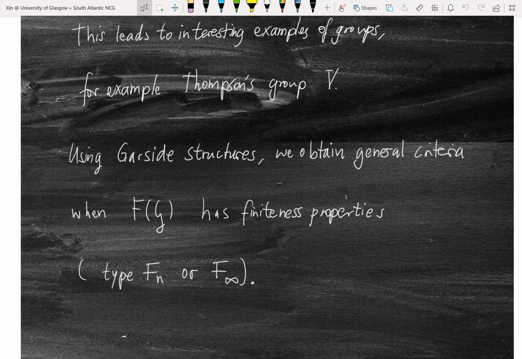Yes, so the complex numbers appear if you have no invertible elements, because this will be the group C-star algebra of the trivial group in a sense. So if you're in the situation of no invertible elements and some finiteness properties from the Garside structures, then I think there's a way to get it in finitely many steps. The K-theory of the C-star algebra.